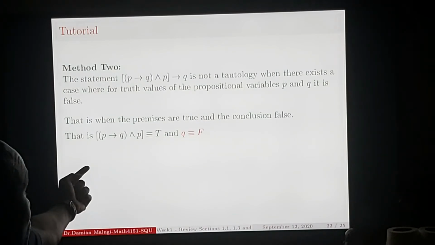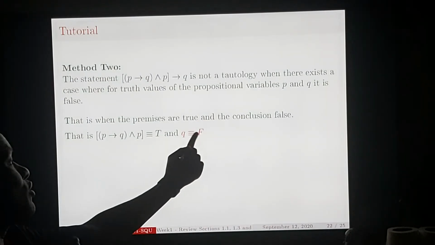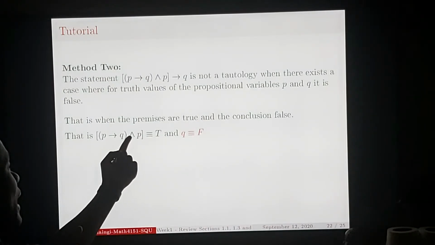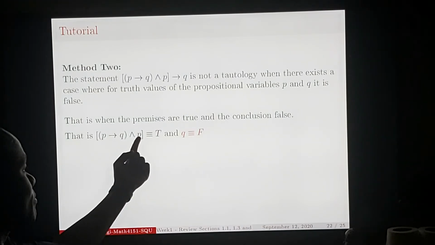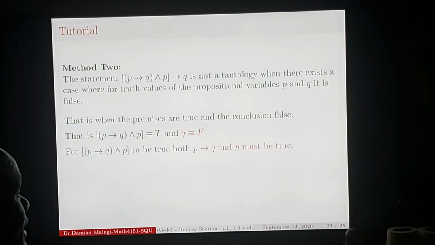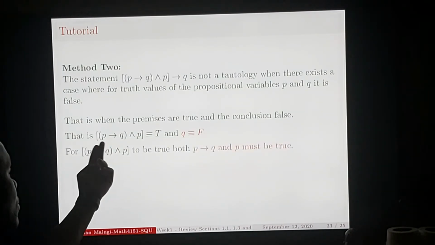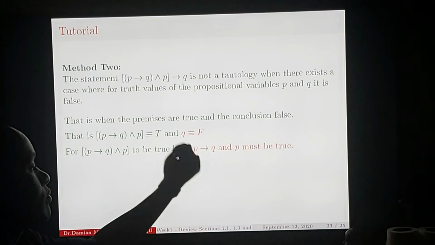And having this means what? Well, having this, and this gives you true, means that P implies Q must be true and P must be true, which is the next statement I say there. So for this to be true, both must be true.